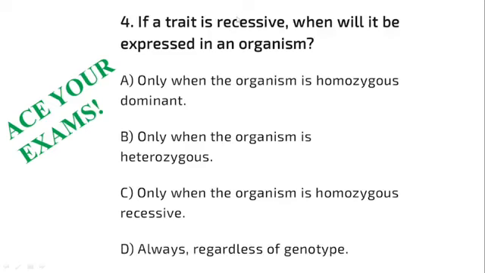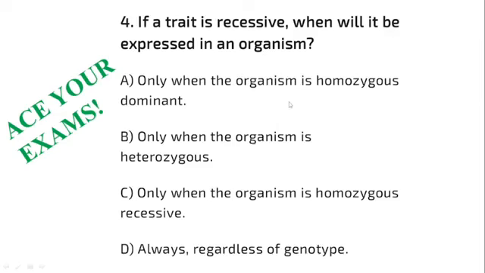According to the question, if a trait is recessive, when is it going to be expressed in an organism? Like I've said in the previous question, if you have the heterozygous genotype, the dominant one is the one that is going to be expressed more than the recessive one. Now, we have homozygous dominant, and we also have homozygous recessive.